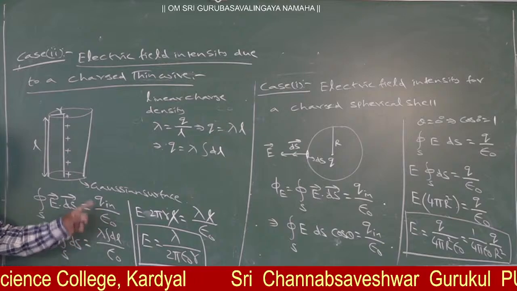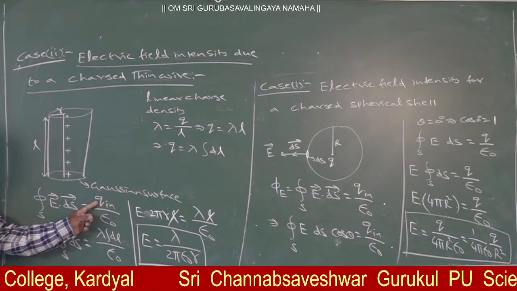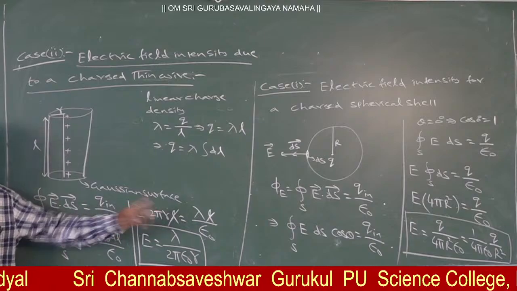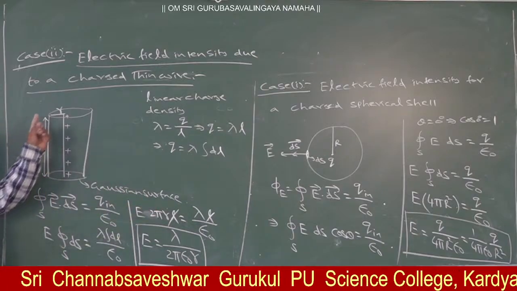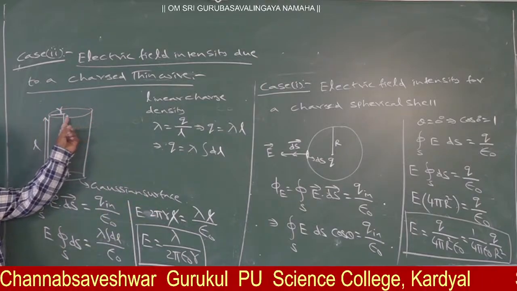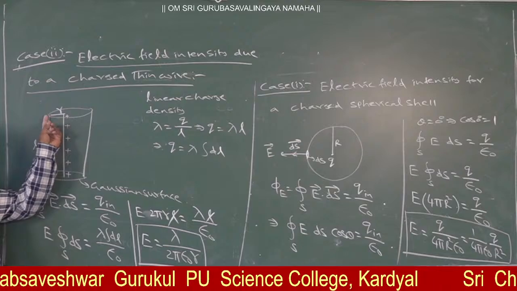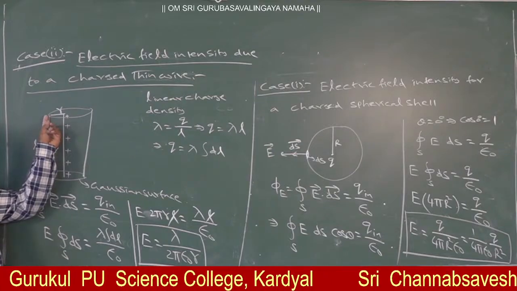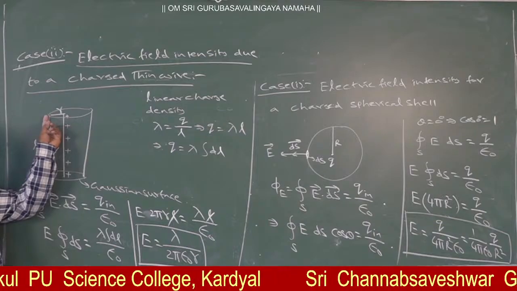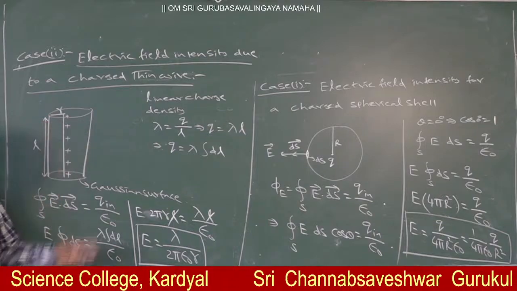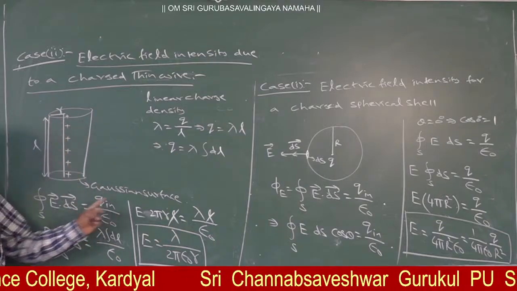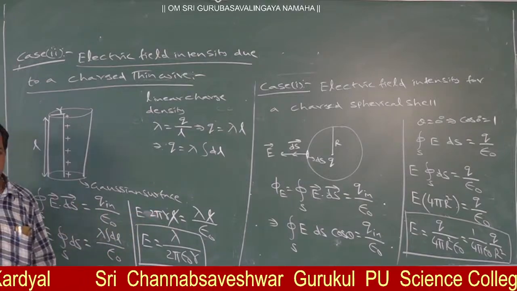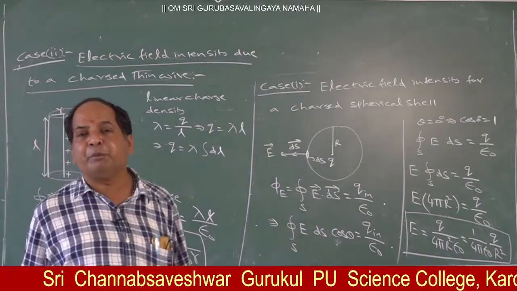Integral dl is related to charge, and the charge is along the length, so integral dl means L. Suppose the charge were around the circumference, then integral dl would be 2 pi r. Here it is along the length, so L. By simplifying, E is equal to lambda by 2 pi epsilon naught r.